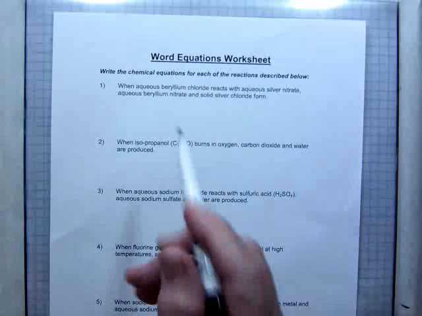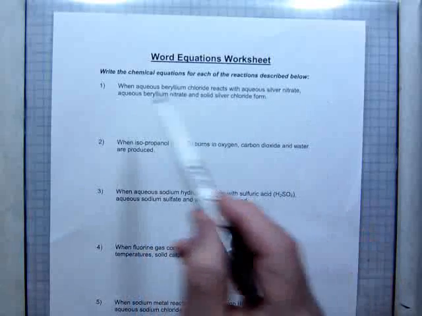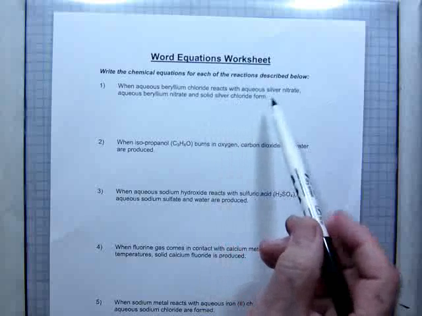Word equations worksheet. In many problems, you're going to have to translate the nomenclature into chemical equations and then apply the stoichiometry to those. Here they're looking at when aqueous beryllium chloride reacts with aqueous silver nitrate, forming aqueous beryllium nitrate and solid silver chloride.